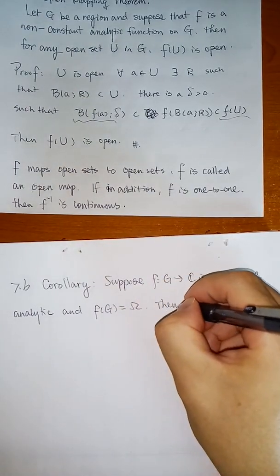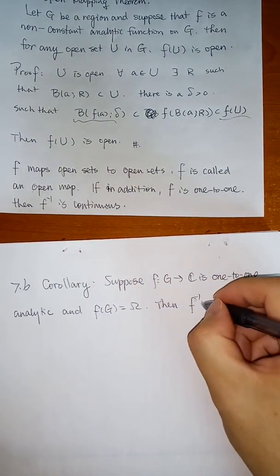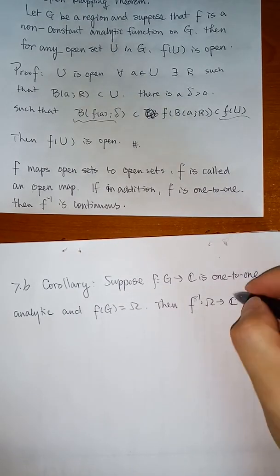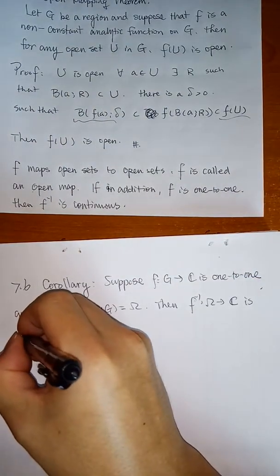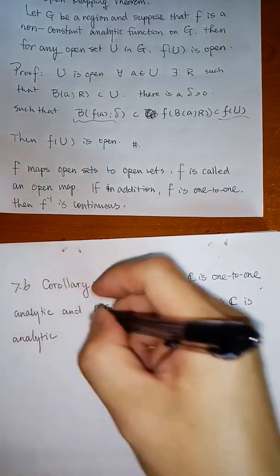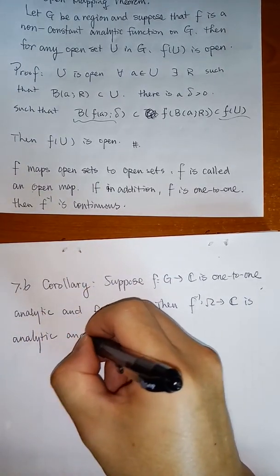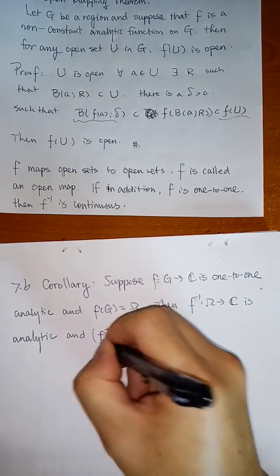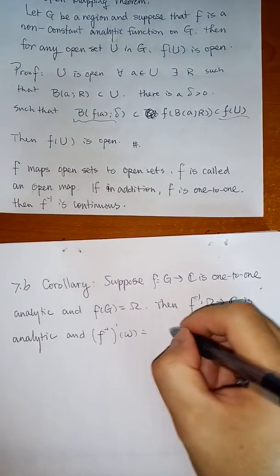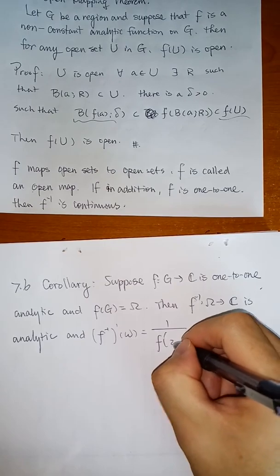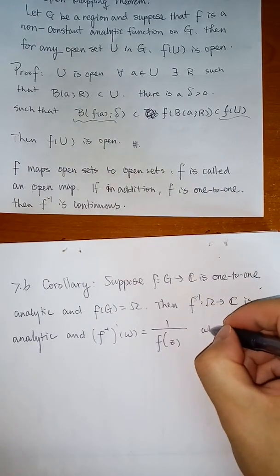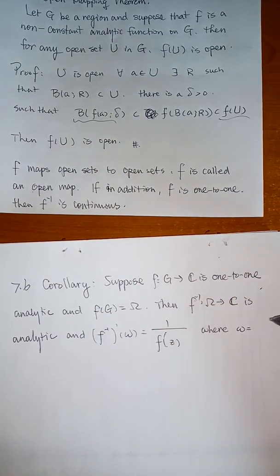Then F inverse from omega to C is analytic, and F inverse prime of W is 1 over F prime of Z, where W is F of Z.